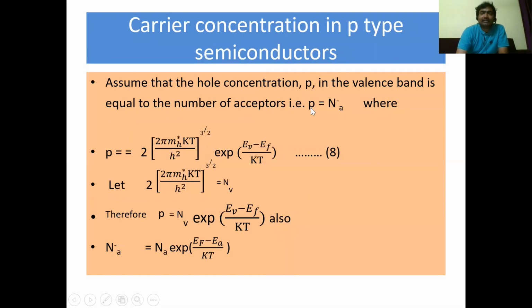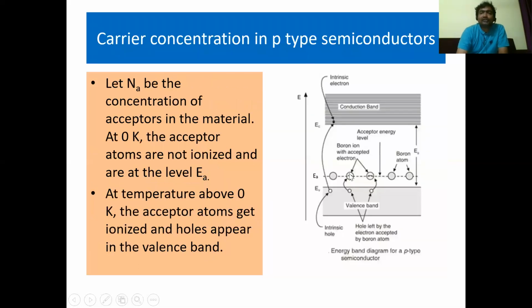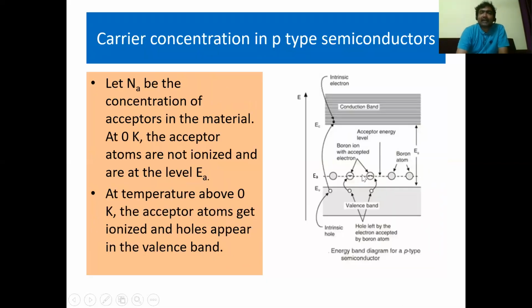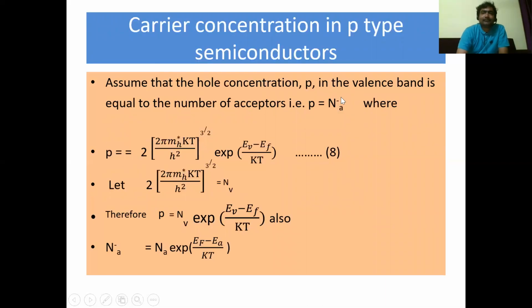Now I am taking the same condition, P equal to Na minus. So what is P? Number of holes in the valence band. And what is Na? Number of acceptor ions. So we directly take this p-value as 2 into (2 pi mh star kT by h square) whole power 3 by 2 into exponential of (Ev minus Ef) by kT, from the intrinsic carrier concentration of the valence band of intrinsic semiconductor.